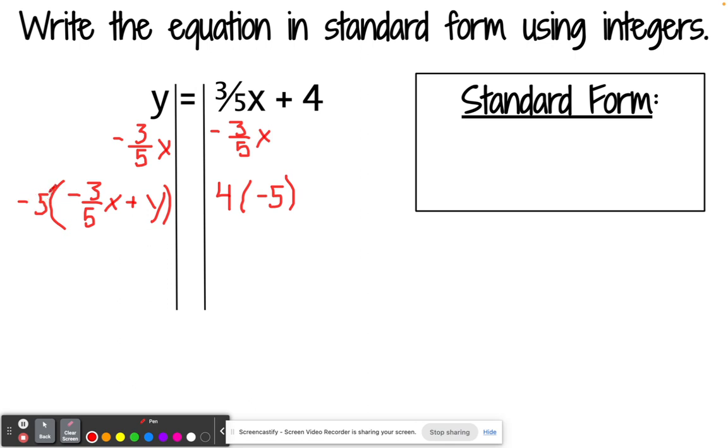So my negative 5 and my 5 here will cancel out and leave me with 3x. Negative 5 times 5y will be negative 5y. And 4 times negative 5 is negative 20.